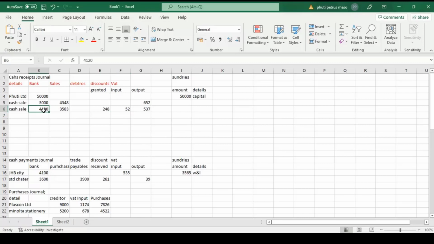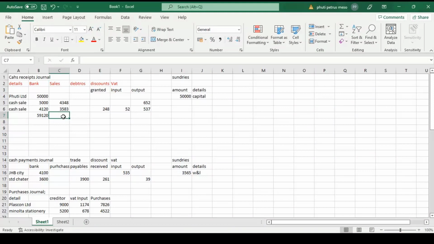Then let's add up these things together, because we remember we still need to reconcile. It's 5,000 plus 50,000 plus 4120. Right, so your total will be 59,120. Here, your total will be 4348.